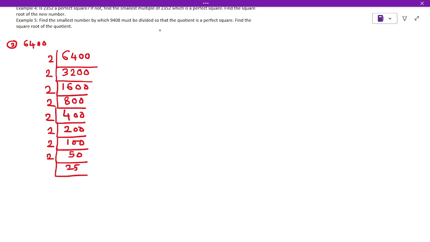At least you should remember the first 10 prime numbers. What are the first 10 prime numbers? 2, 3, 5, 7, 11. At least you should remember these numbers for basic understanding. Here the next prime number is 5, right? So 5 5s are 25.